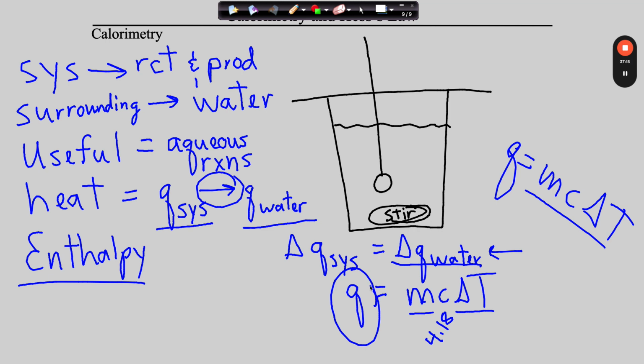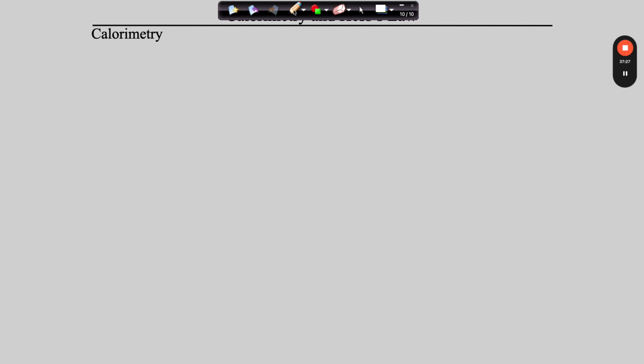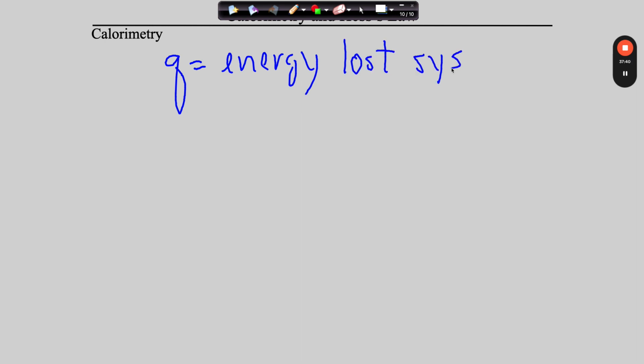Does this make sense? Okay, so now guys, we've got to turn this into enthalpy. And it goes like this. As a result of everything that we just talked about, here's what we're going to know. We're going to know Q. We're going to know the amount of energy that is lost by the system. Is that okay?